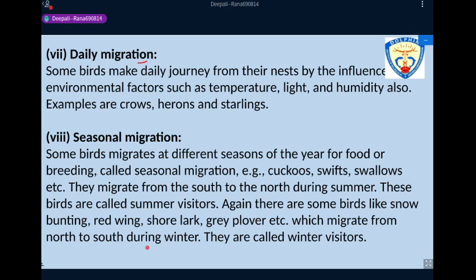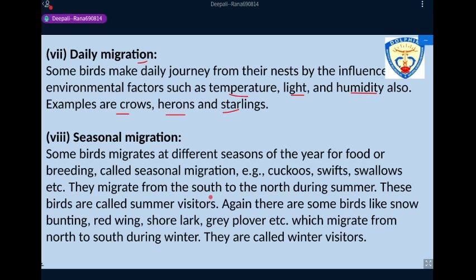The next type is daily migration. You must have seen some birds make their daily journey from their nests under the influence of environmental characters, such as temperature, light, and humidity, which guide them to take on their daily journey and their daily migration. Examples are crows, herons, and starlings.